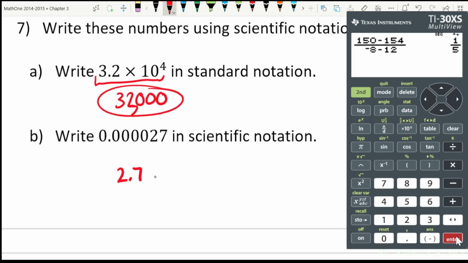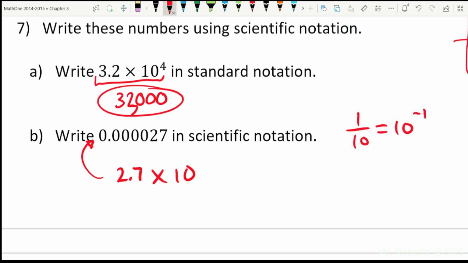Now the question is, to turn this 2.7 into this number above, I've got to divide by a lot of 10s. It's got to become smaller. So to divide by 10, I want you to remember that 1 over 10 is the same as 10 to the -1. I have the calculator in the way there, I'm sorry. I wrote 1 over 10 is the same as 10 to the -1. So when I have a negative exponent, that's equivalent to dividing by 10.